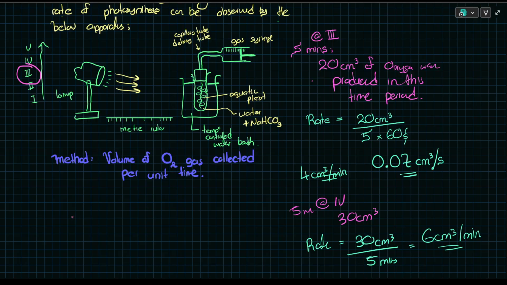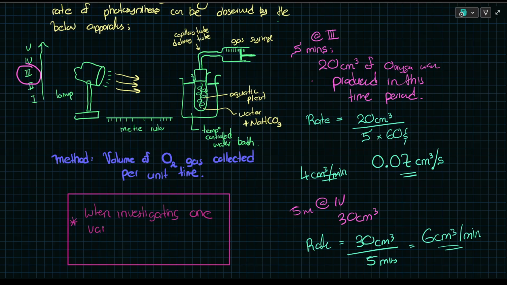So I'll just draw a box here and say, when investigating one variable, in this case light intensity, you have to make sure you keep everything else, the others, constant.